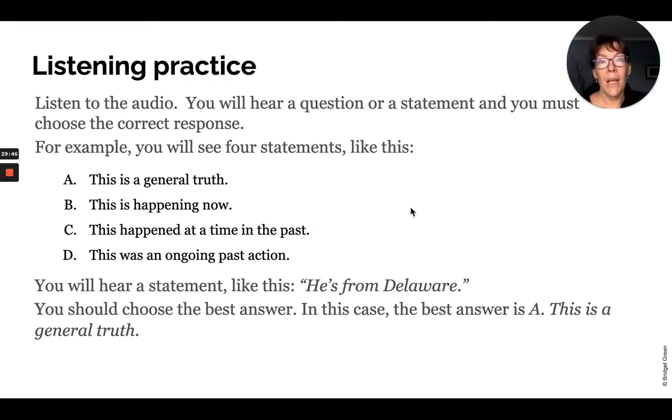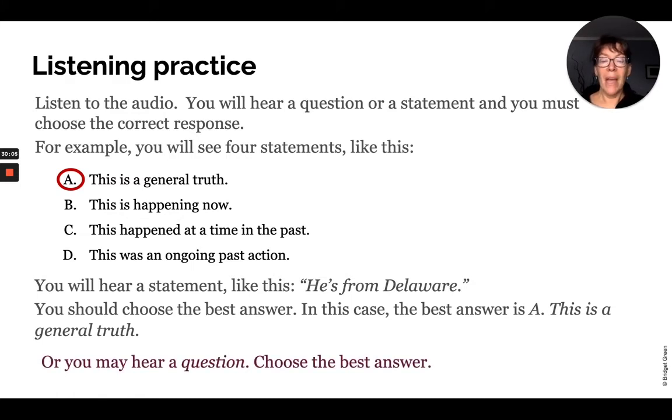You will hear a statement like this. He's from Delaware. You should choose the best description. In this case, the best answer is A. This is a general truth. Or you may hear a question. Then just choose the best answer.